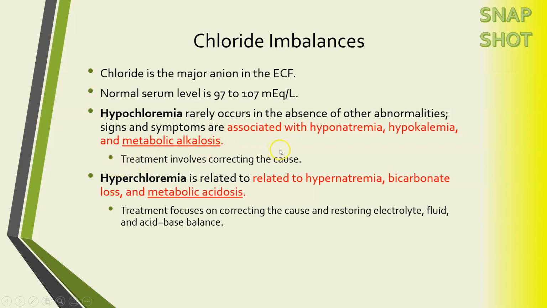A lot of times the treatment will involve correcting the cause. Hyperchloremia is related to hypernatremia, bicarbonate loss, and metabolic acidosis. And again, this will be more about restoring electrolyte, fluid, and acid-base balance. So you'll see more of this having to do with metabolic disorders.